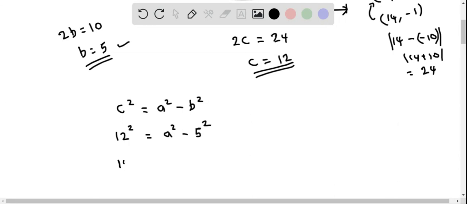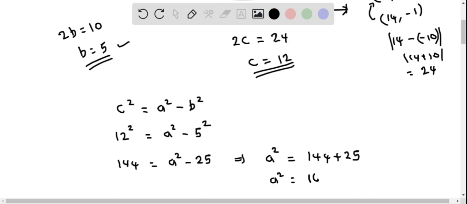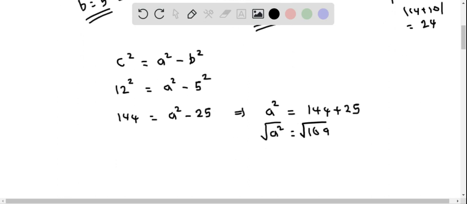So this is 144 equals a squared minus 25. Now I add 25 to both sides to have only a squared on one side. This gives 144 plus 25, so a squared equals 169. We now take the square root on both sides to determine a, and this gives a equals 13.